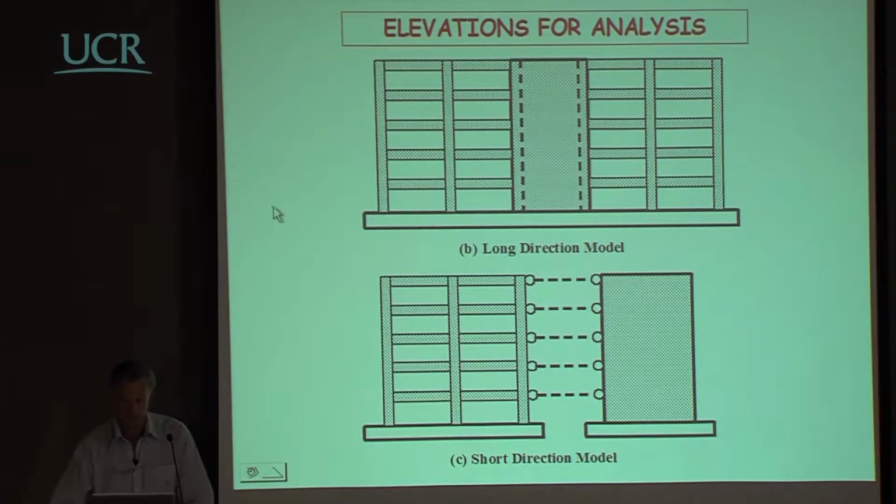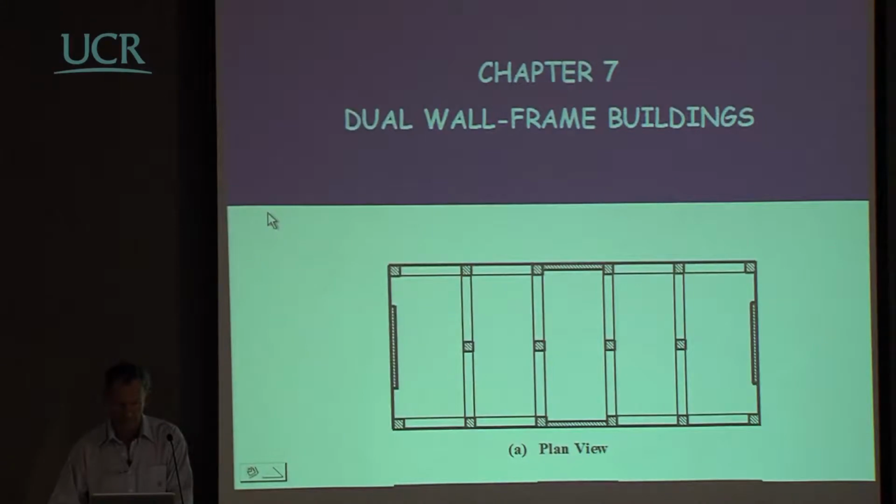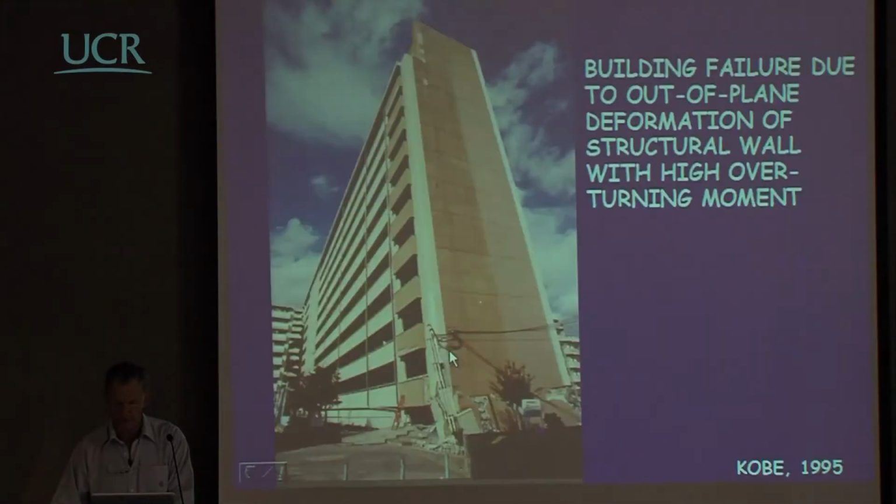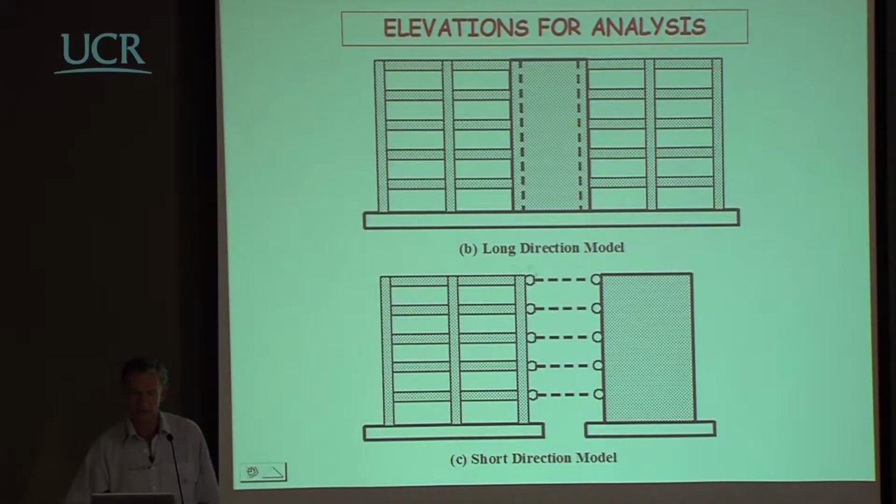Anyway, looking at that frame again, you see that we have two different characteristics, the longitudinal direction and the transverse direction. In the longitudinal direction, we have a wall coupled directly to these frames here.